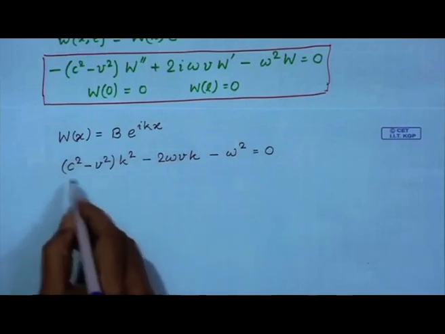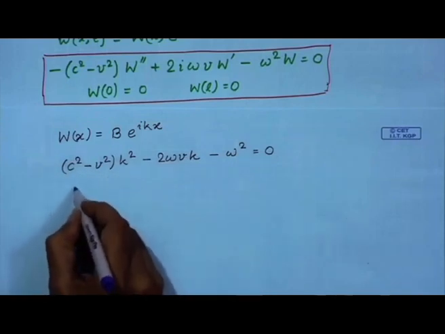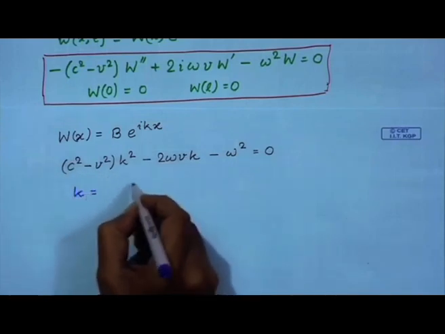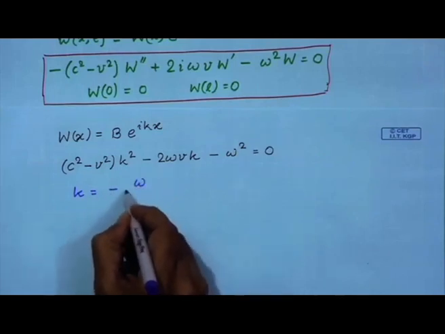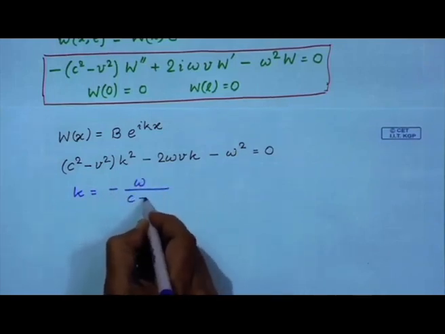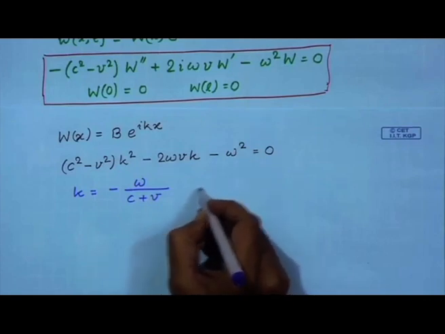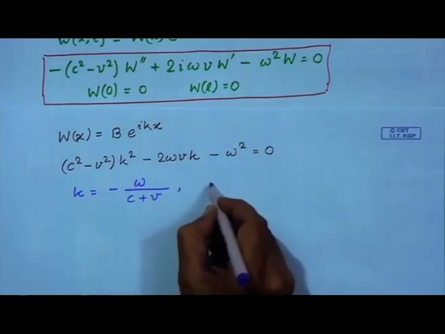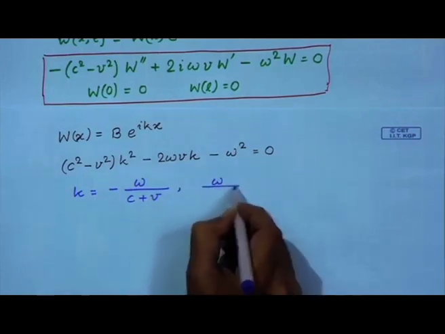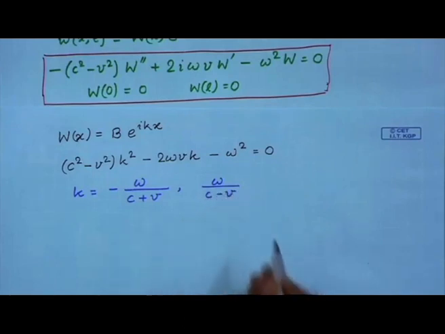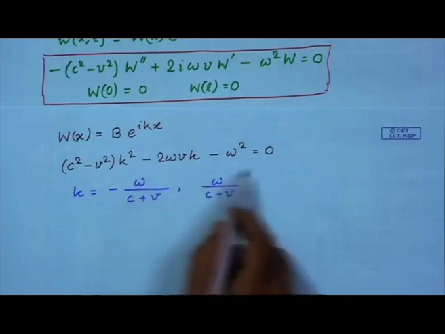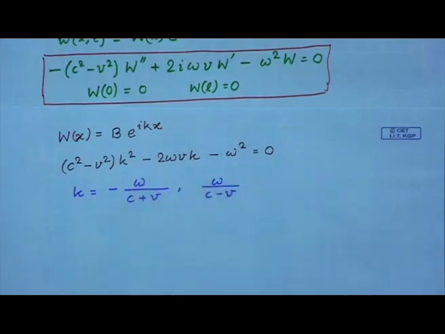So, this quadratic in k can be easily solved, and what we obtain are these two solutions of k. So, from this quadratic polynomial we obtain these two solutions.